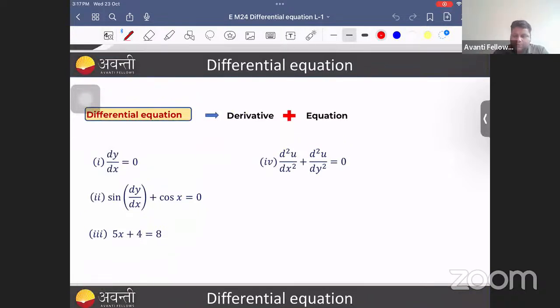All right. So a differential equation is an equation having derivatives.